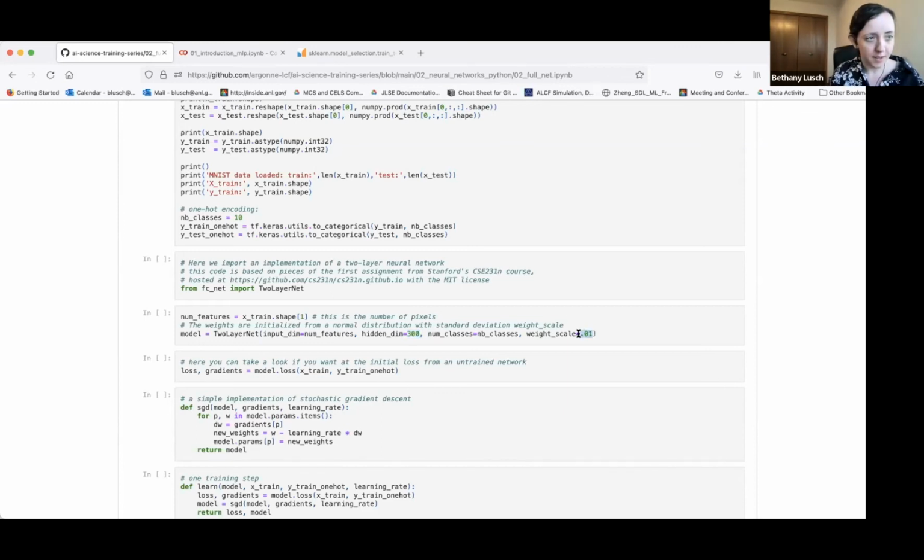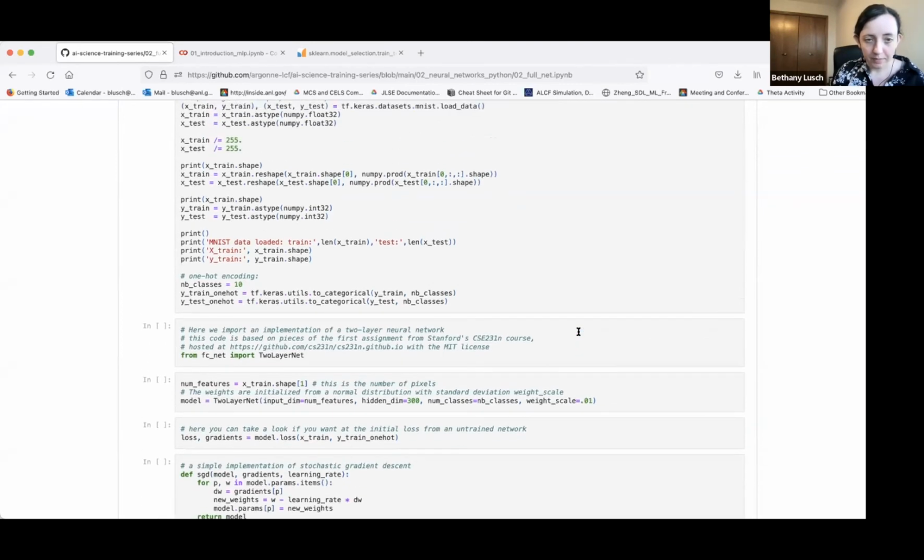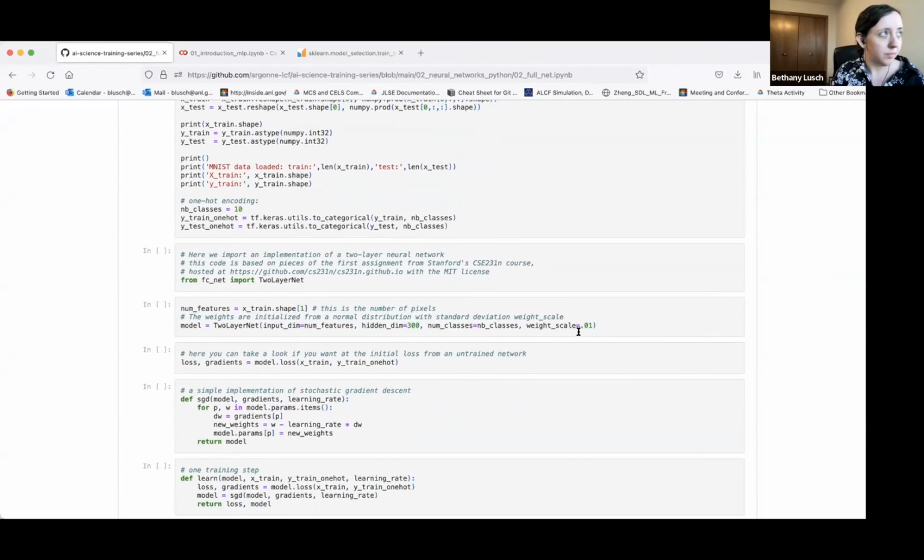This scale factor is used when we randomly initialize those weight matrices. In this implementation, it's a normal distribution, mean 0, and some standard deviation. And here I have 0.01. You could change that. The initialization of weights can be important.